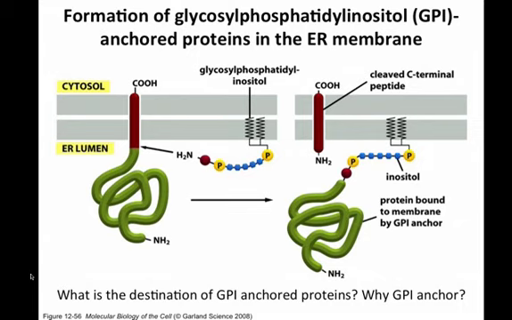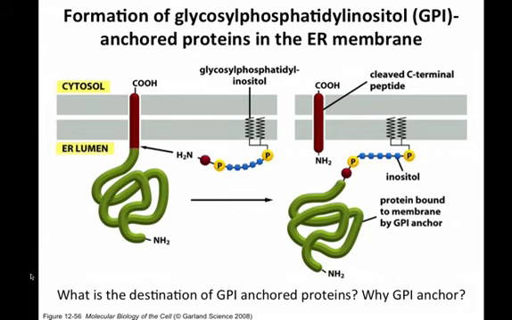So it's attached to the plasma membrane, but by a GPI anchor rather than by a protein transmembrane domain. This is just a lipid-based anchor for tethering the protein to the plasma membrane.